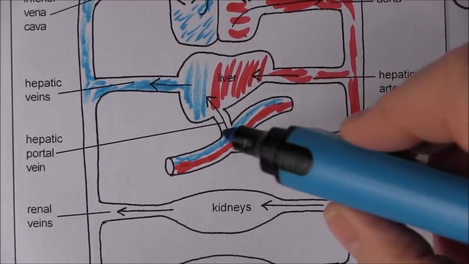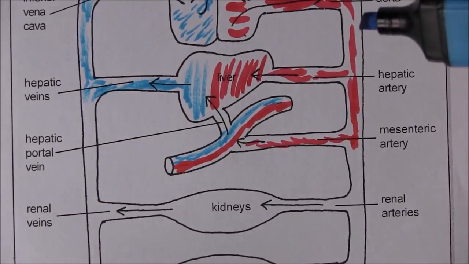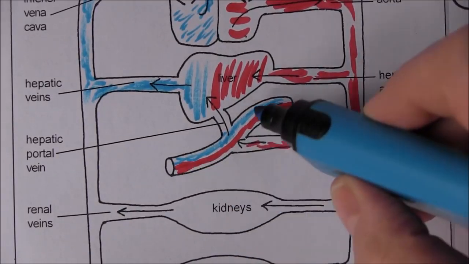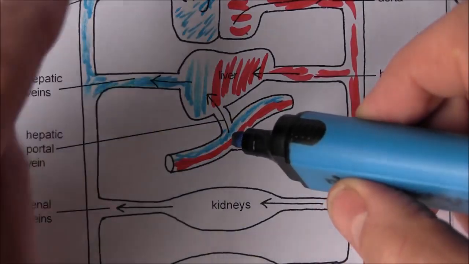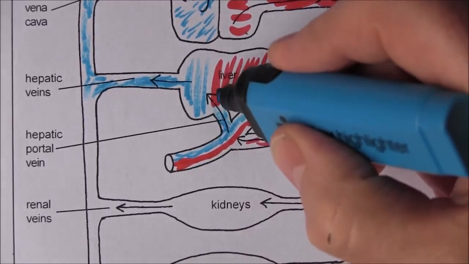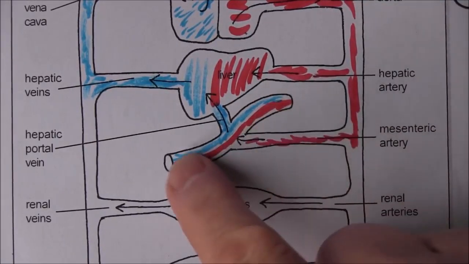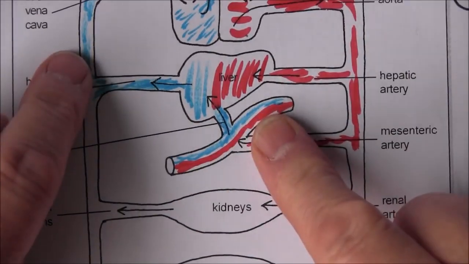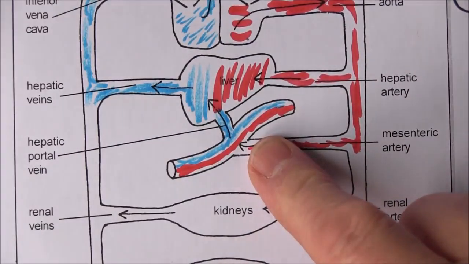So the portal vein actually starts in capillaries and ends in capillaries. So blood is going to go from the gastrointestinal tract, and it's not going to drain back into the inferior vena cava straight away until it's gone through the liver. It has to go through the liver first. So the blood from the gut does not drain straight back into the inferior vena cava. It drains into the liver first.